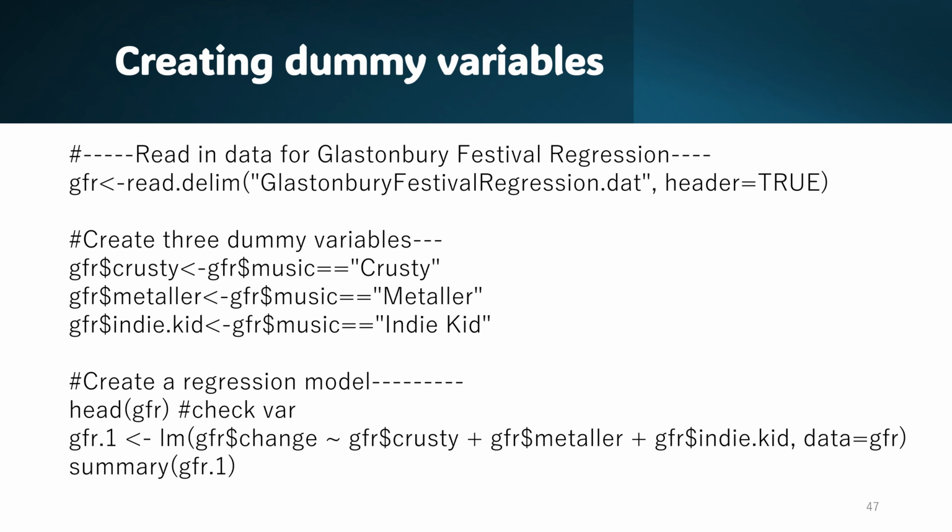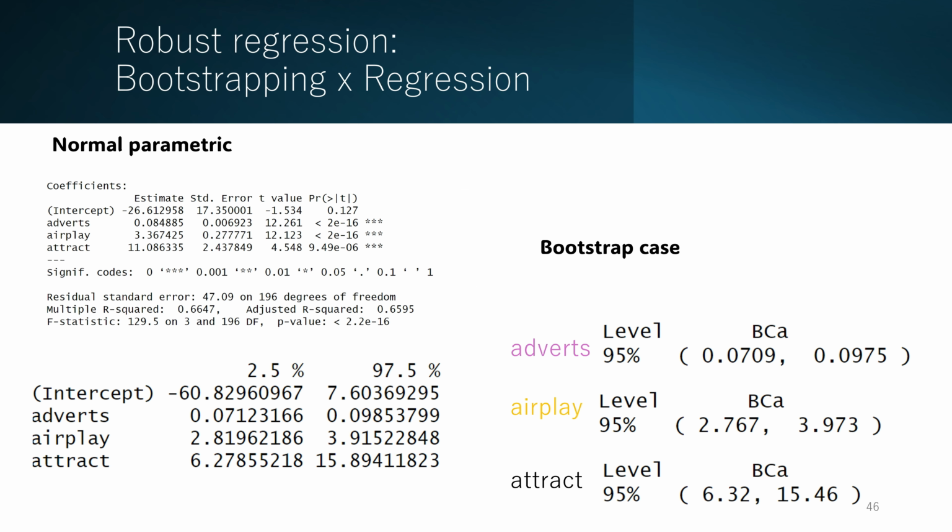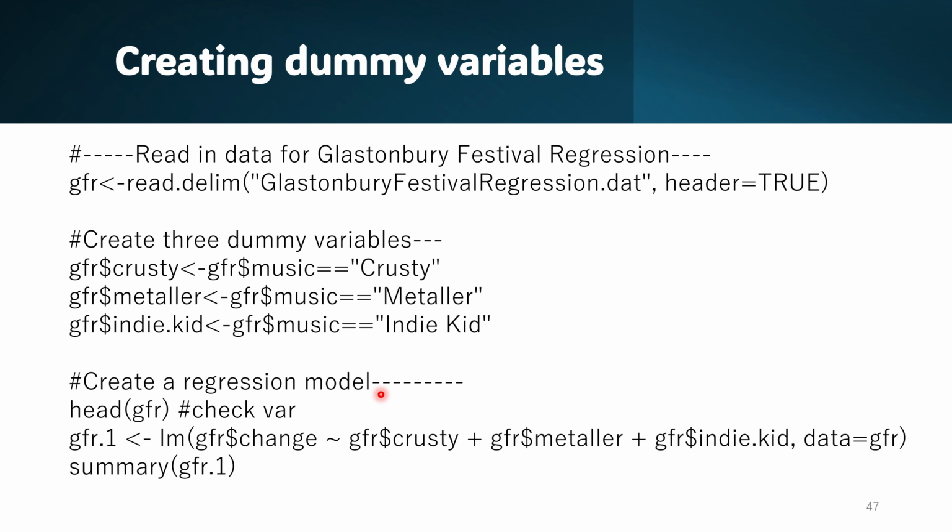And finally, I would like to explain the dummy variables. Okay, this dataset, the festival dataset we use, has a variable music with values like crusty, metal, and indie kid.